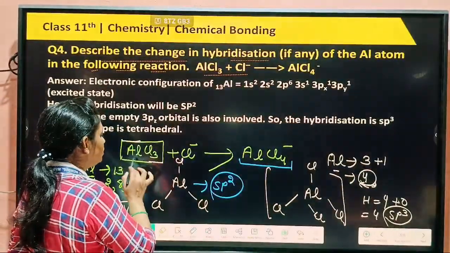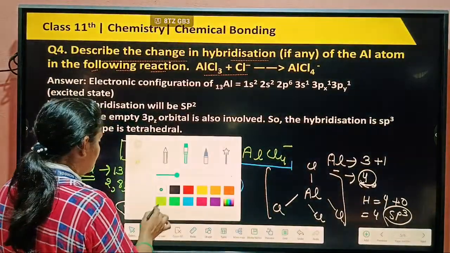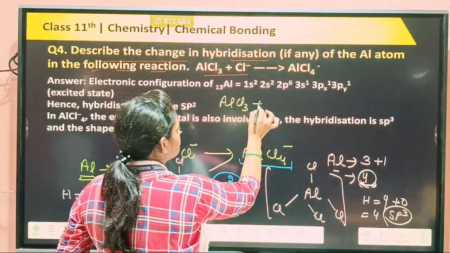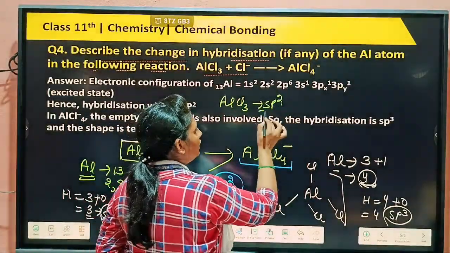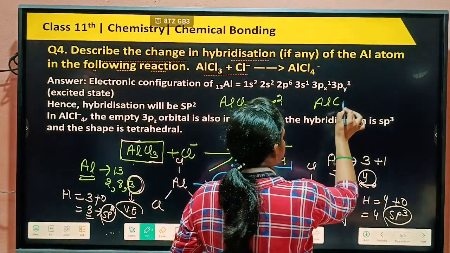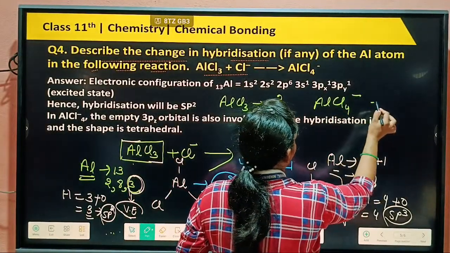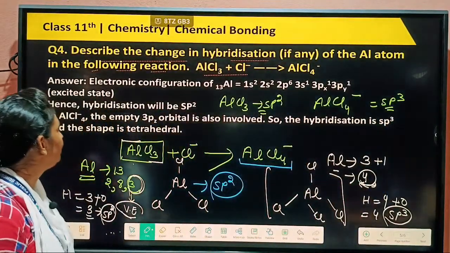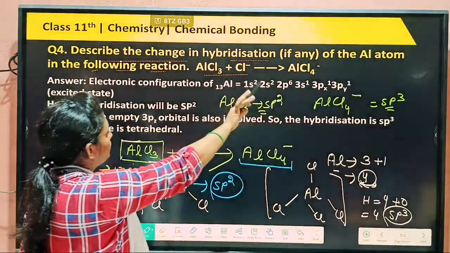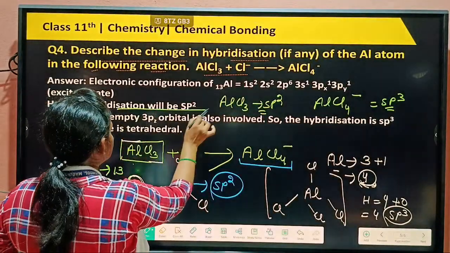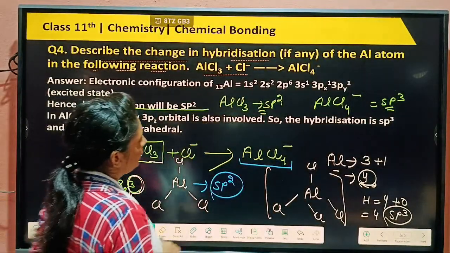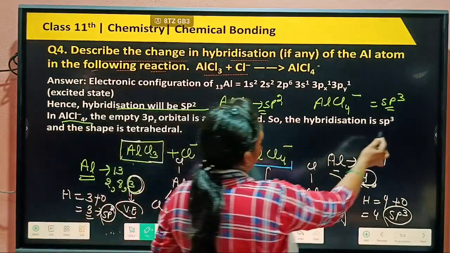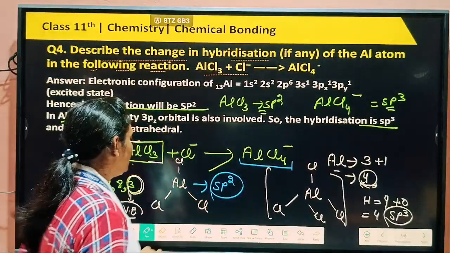The hybridization of aluminium chloride is sp2, but the hybridization of AlCl4 negative is sp3.